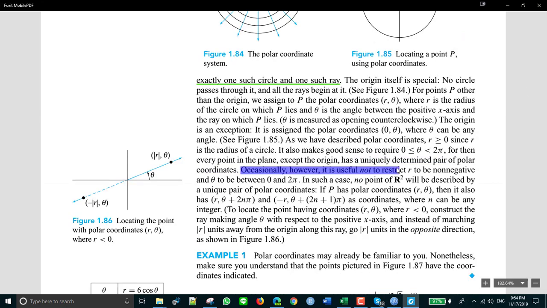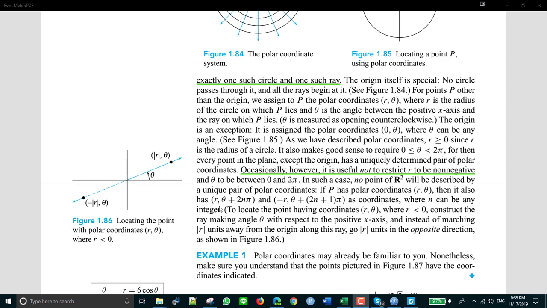She then says, though, that occasionally it's useful not to restrict r to be non-negative, and even theta to be between 0 and 2 pi. In that case, no point of R2 will be described by a unique pair of polar coordinates.